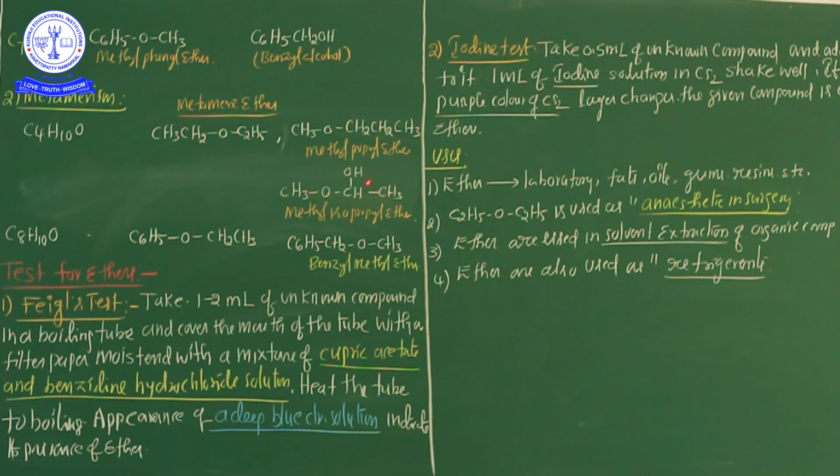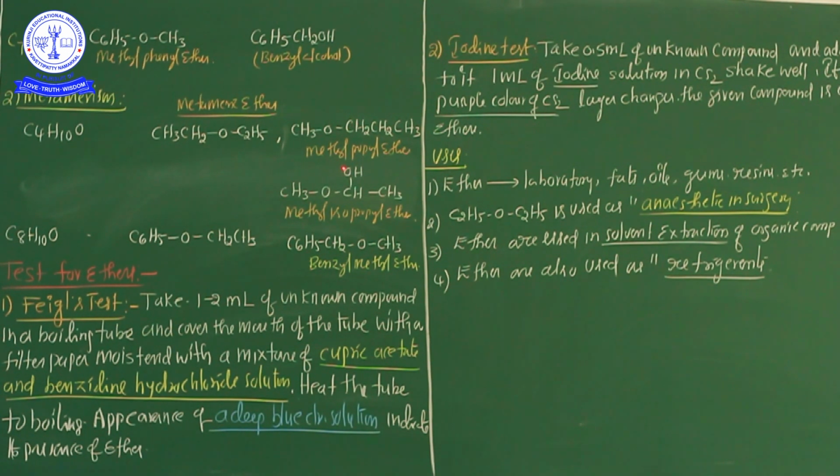In this example, C4H10O, different ethers exist. That's why it's metamerism: two or more ethers having the same molecular formula.